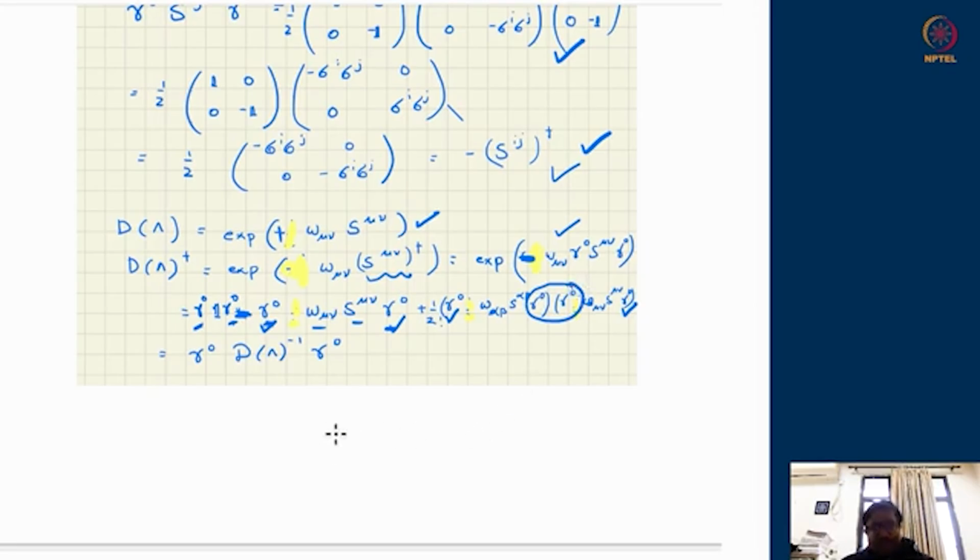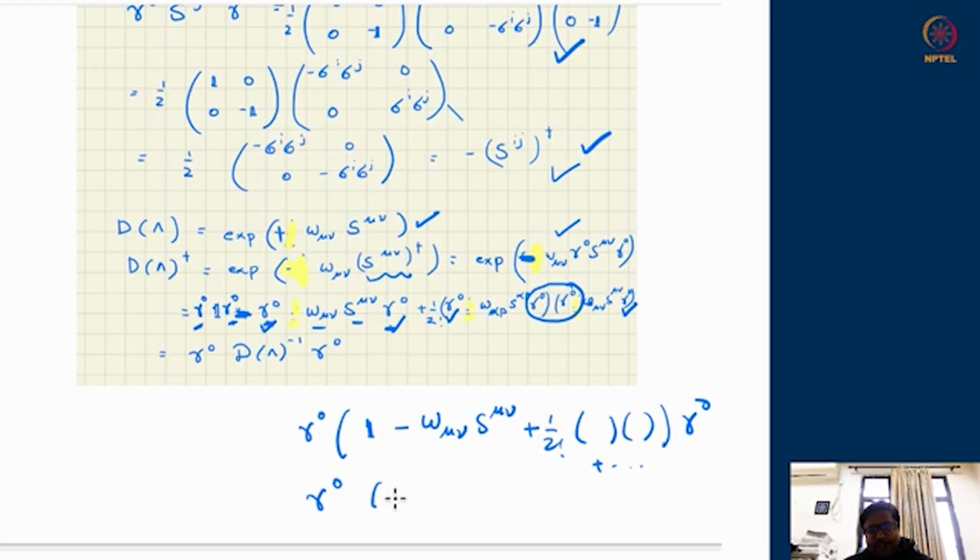So you see the structure is that there is a gamma naught, then identity minus omega mu nu S mu nu, plus 1/2 factorial, the twice product of omega mu nu S mu nu, and gamma naught, and all higher order terms. So ultimately you are going to get a gamma naught and exponential of minus omega mu nu S mu nu, and gamma naught at the end as well.